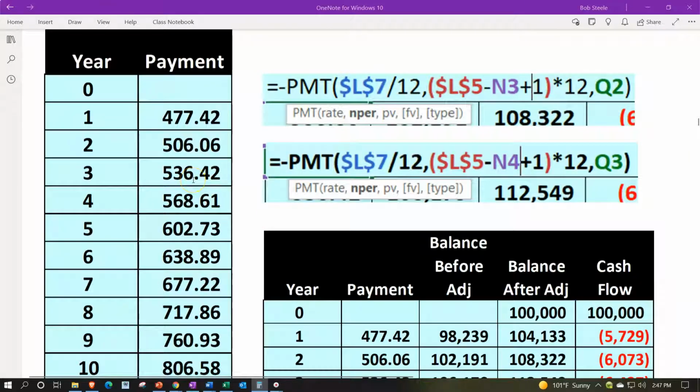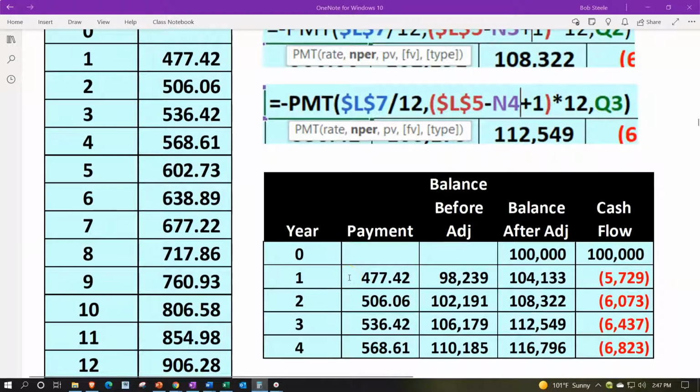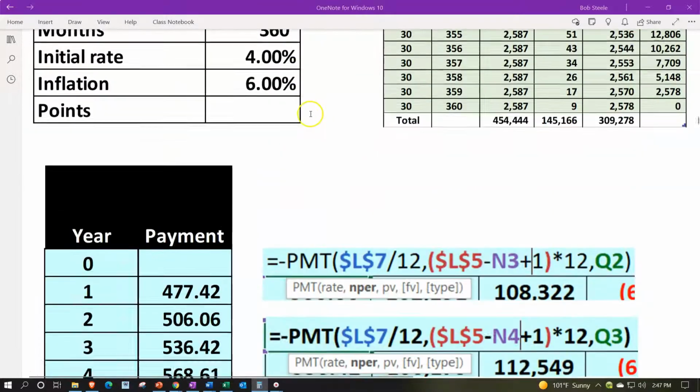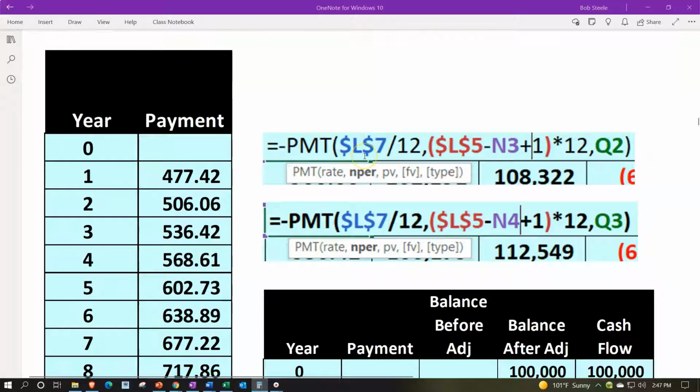The payment calculations would be the same kind of thing in our table that we've seen before. So here's the table down below. Payment calculation would just be payment. We take the rate. So the rate would be the fixed rate now, that 4%. So that's absolute reference because we're not changing the rate, divided by 12, comma, number of periods. We're calculating at 30. That's what the L5 is here.